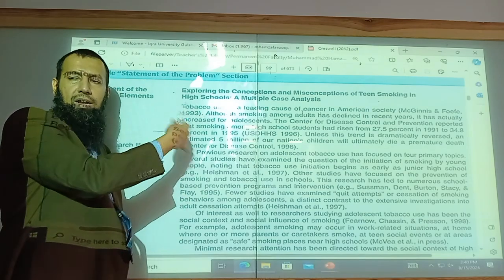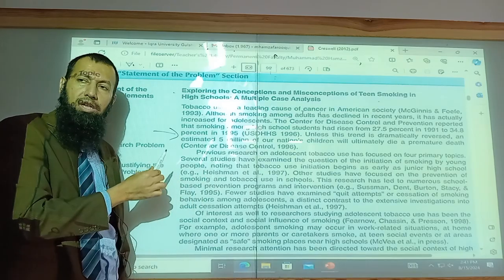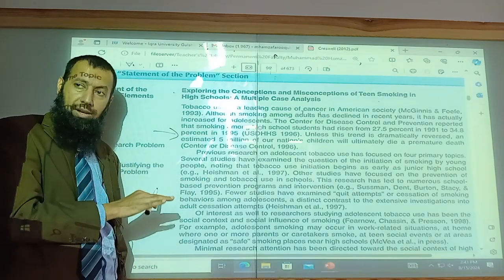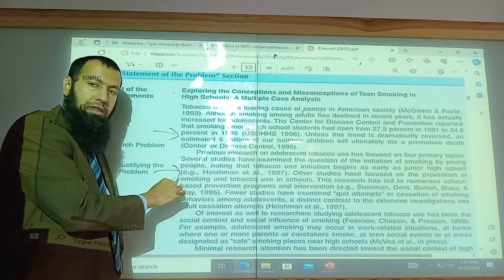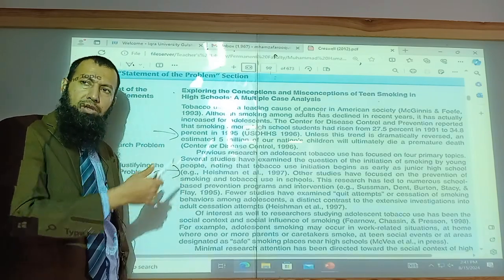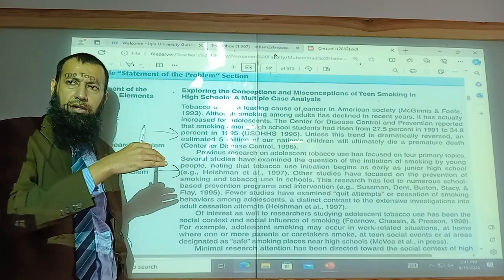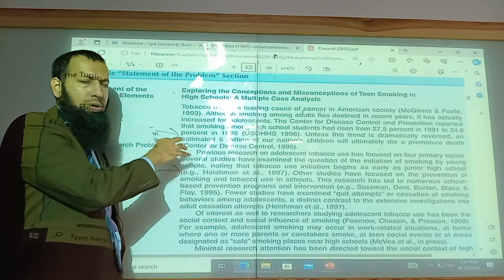That is why things are exacerbating, the things are going really bad. But over here you see many researches have already been done. So you can write like that to bring the matter forth. On top you can write like this.